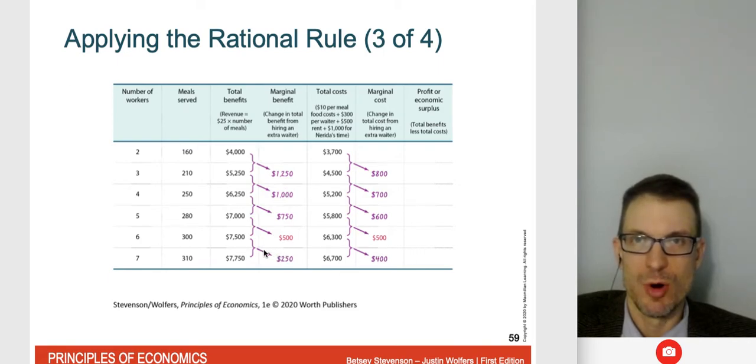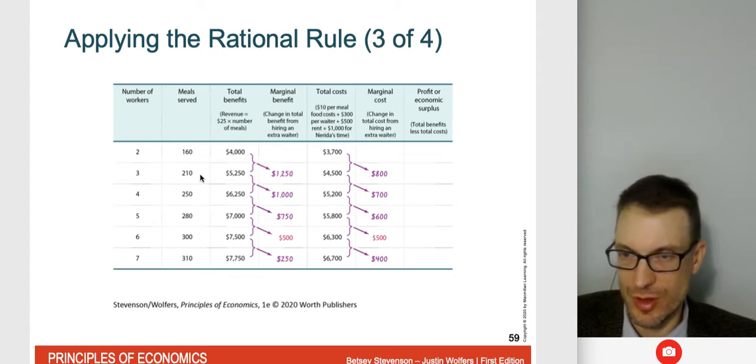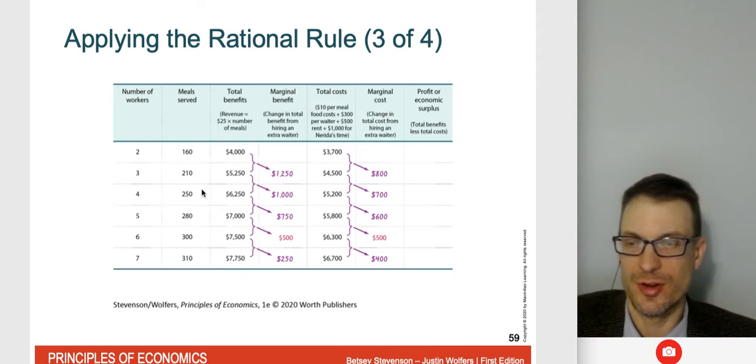Now, as I'm hiring more workers, I'm incurring a cost, right? $10 per meal, food costs, plus $300 per waiter, plus $500 for rent, plus $1,000 for the entrepreneur's time. This gives me my starting point, and then as I hire additional workers, I have to add an additional $300 per worker, plus an additional 10 times the number of additional meals.